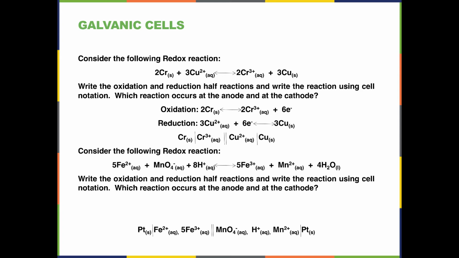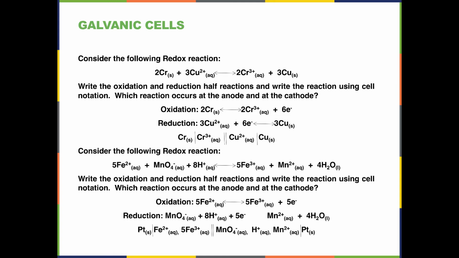At the same time, manganese is reduced from a +7 to a +2. So your half reactions look like this. You have 5 iron plus 2 goes to 5 iron plus 3 plus 5 electrons. So you lose 5 electrons from the 5 iron plus 2, and that is oxidation.